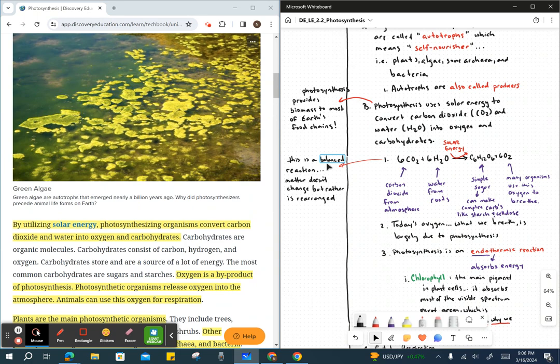So notice a couple things here on the side margin. I wrote down this is a balanced reaction. Remember the law of conservation of matter, the laws of thermodynamics, the first law. You cannot create or destroy energy or matter, but you can transform it. So when you take a look at the 6 carbons, you have 6 carbons on the right-hand side. When you take a look at the O2 times 6, that's 12. You're going to have 12 oxygens on the right.